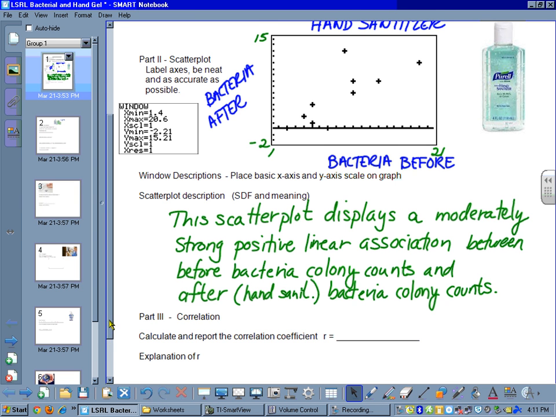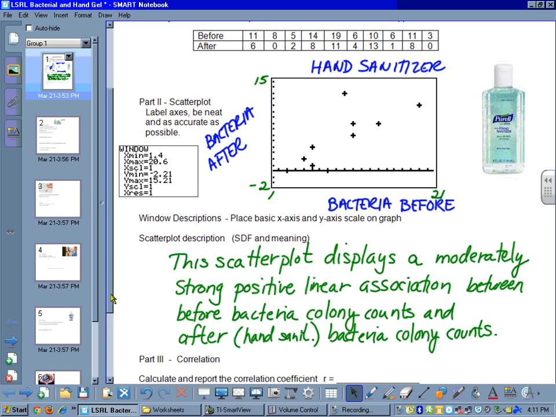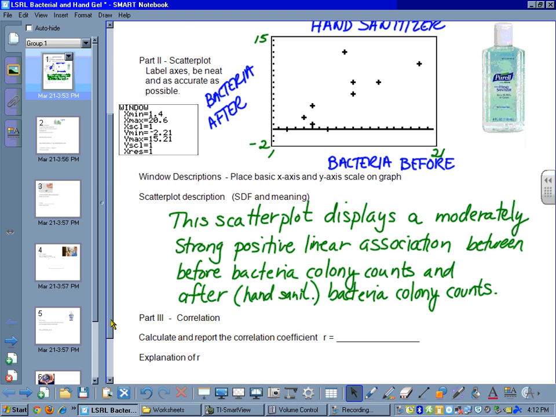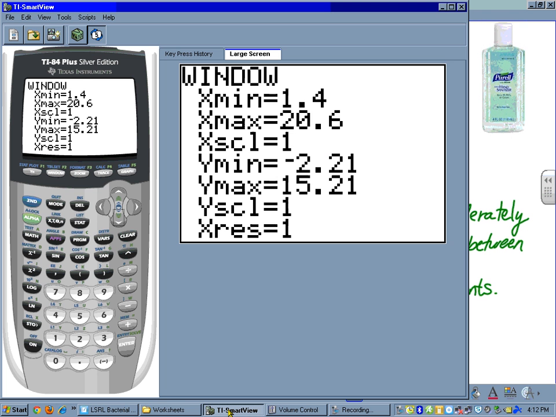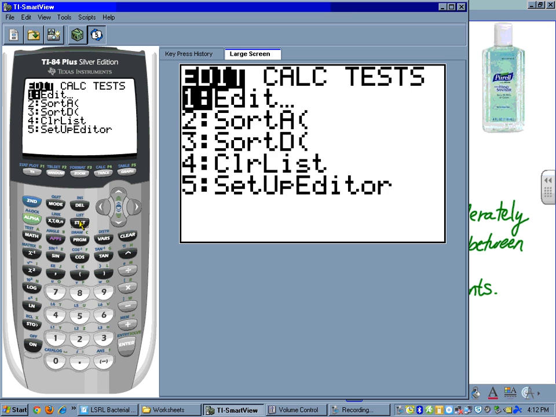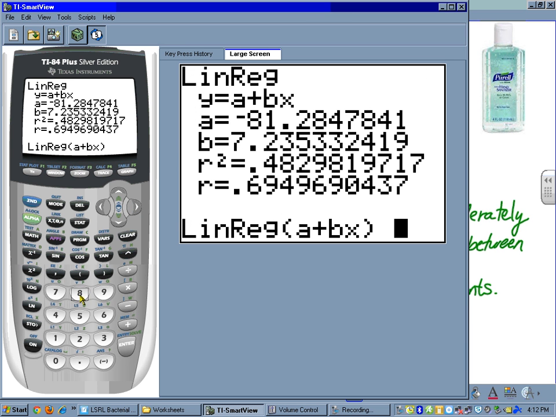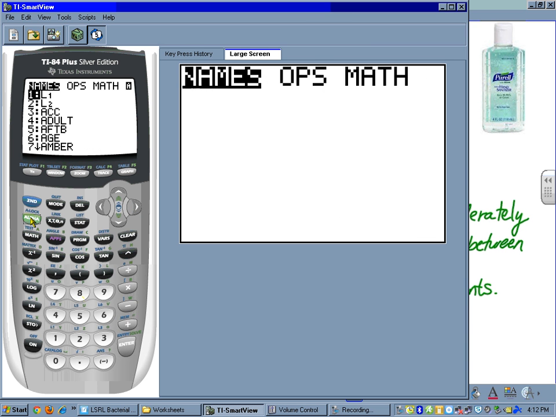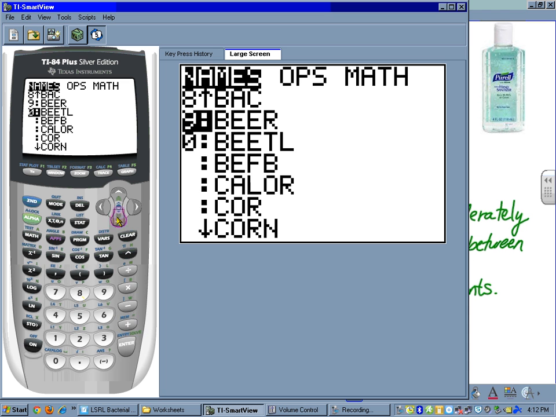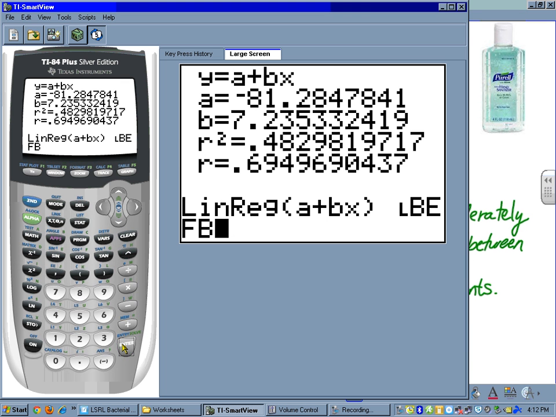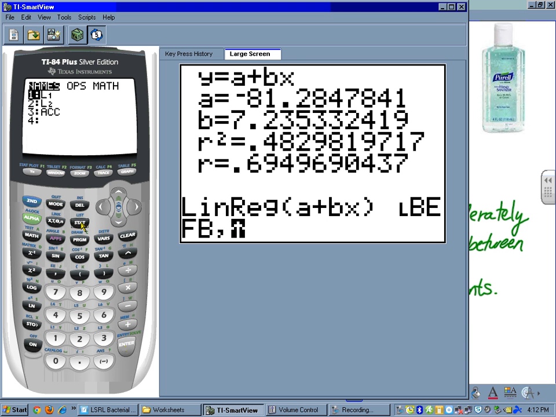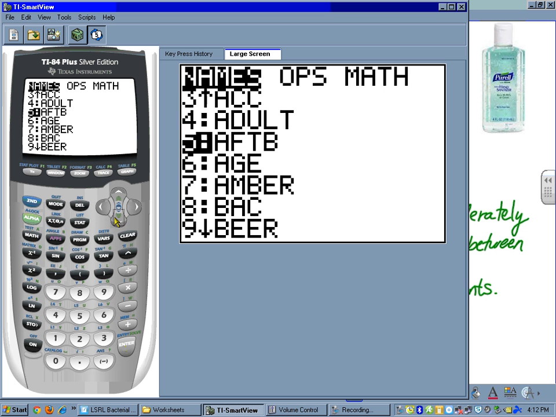Okay, that's the first step, is to take a look and make sure I don't see any curves, which I don't, and I'm thinking it's moderately strong. Now I'm going to use my calculator to verify what my eyeballs are telling me. To do this, I choose Stat, Calculate 8 for linear regression, and I will bring up my lists, the bacteria counts before and the bacteria counts after.